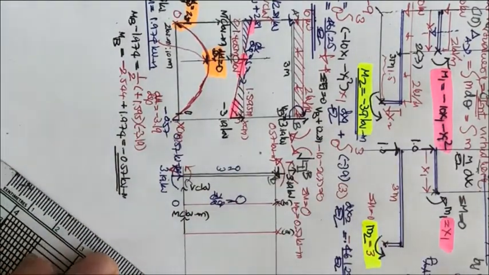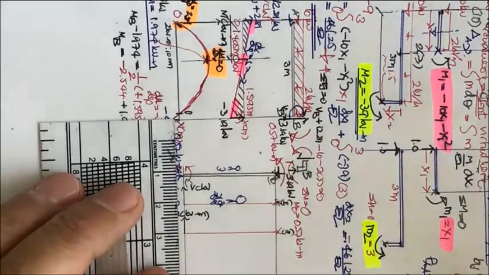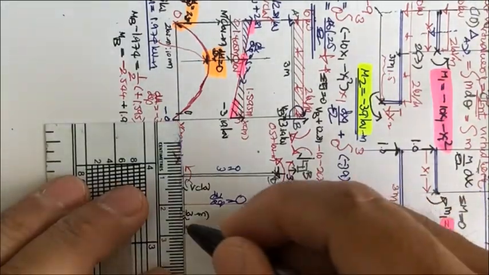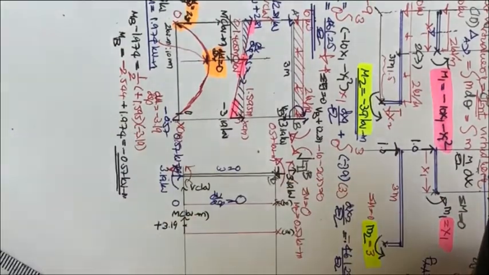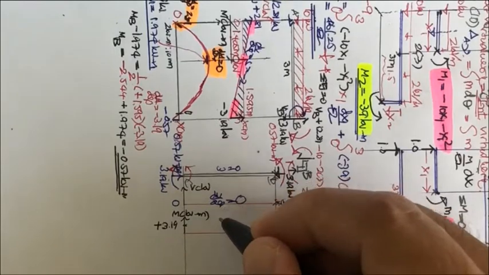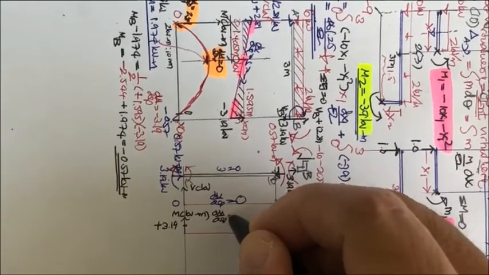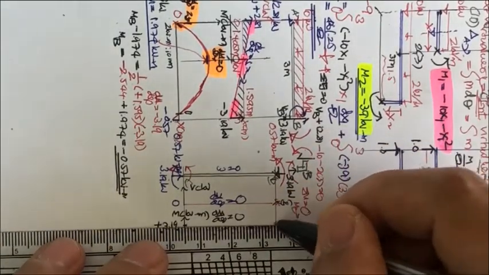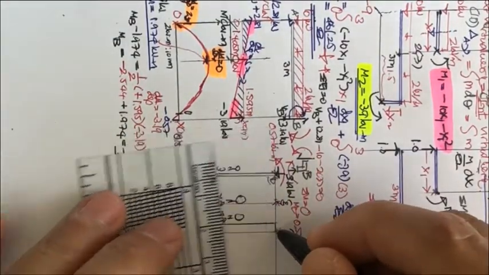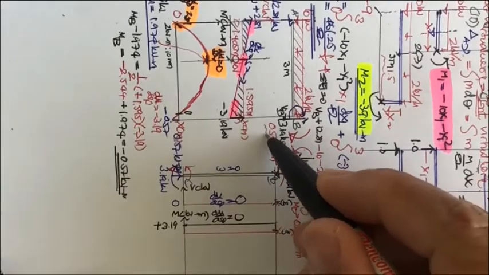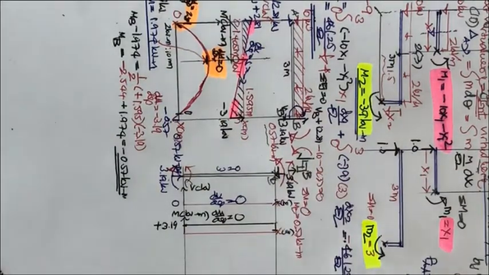So it's going to be 3.19. No, it's going to be up. Plus 3.19. And since the shear is 0, dM by dx is 0. It's going to be constant, and it closes here with 0.57. Okay, that is going to be the moment diagram of this.